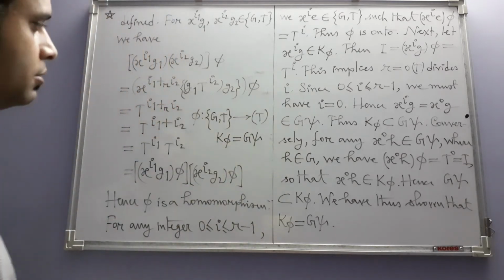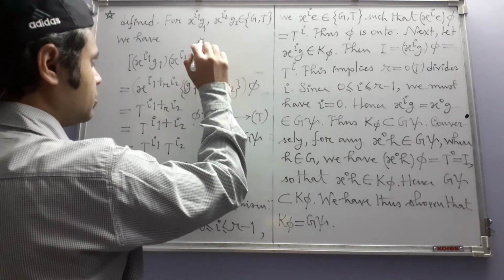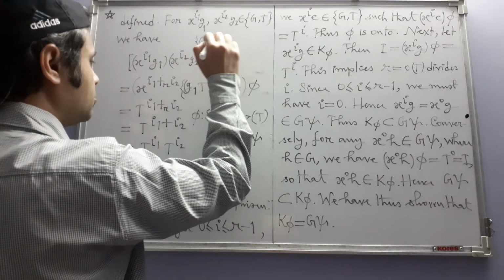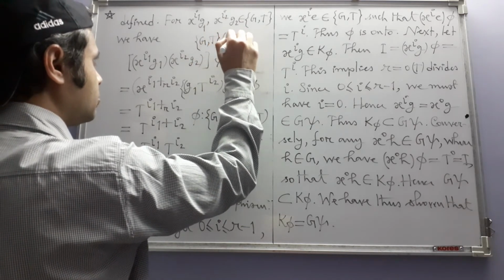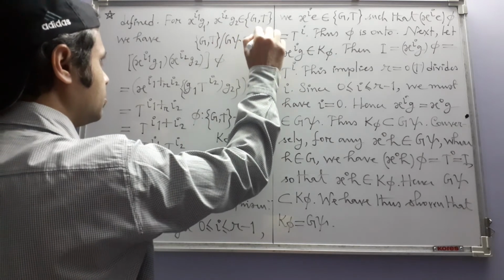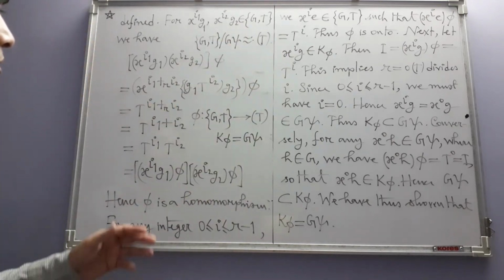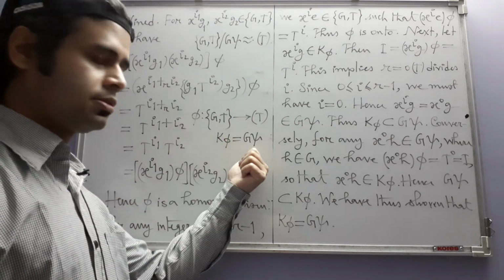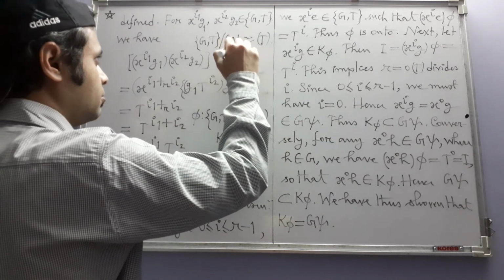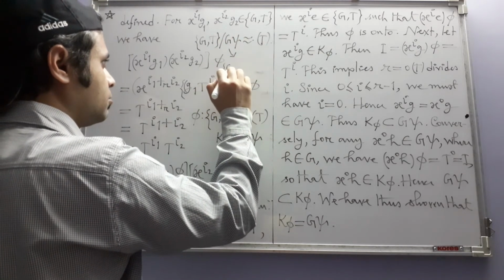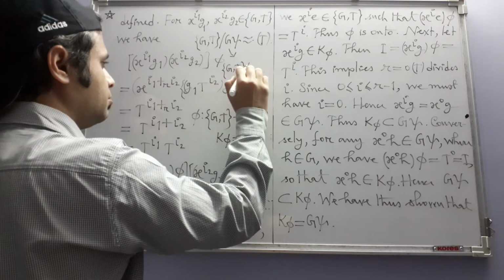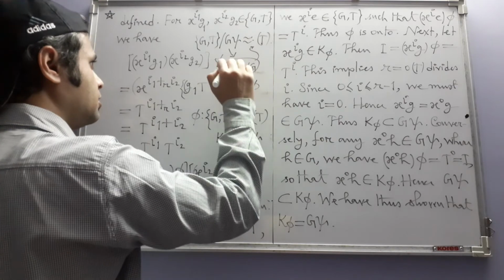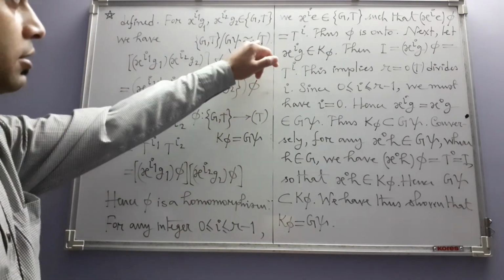So by theorem 241, this quotient group is isomorphic to T, but we have shown that G itself is isomorphic to this. So not distinguishing between isomorphic groups, we can write this quotient in place of this. So this is isomorphic to this.